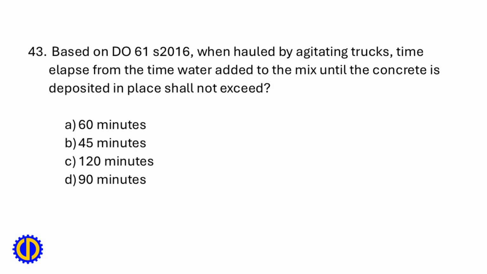43. Based on DO 61 S 2016, when hauled by agitating trucks, time elapsed from the time water added to the mix until the concrete is deposited in place shall not exceed A. 60 minutes, B. 45 minutes, C. 120 minutes, D. 90 minutes.